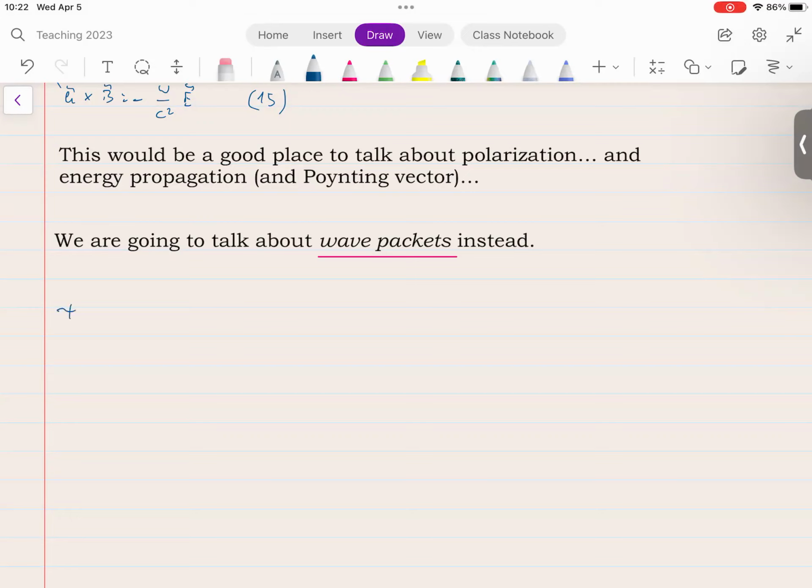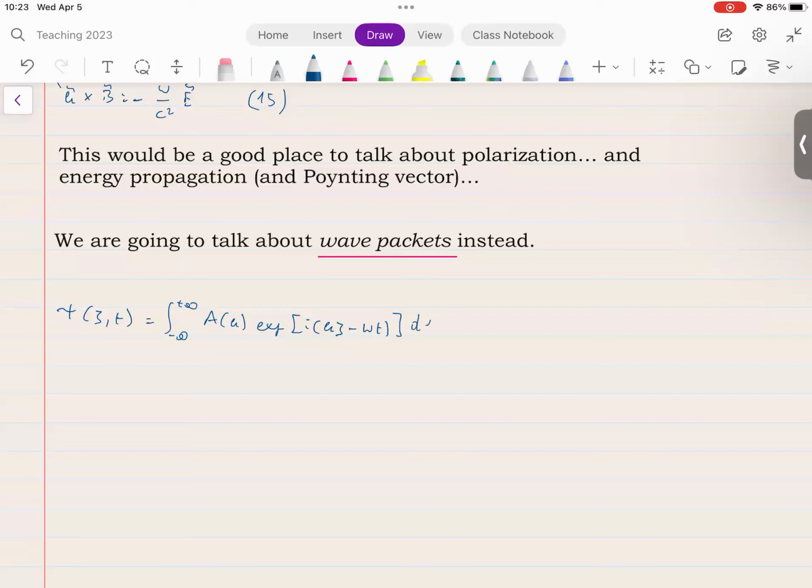In other words, in symbols, my wave psi of zeta and t is going to be equal to the integral over all values of some amplitude, which is a function of the wave number, times the harmonic wave with that wave number, so e to the i(k zeta minus omega t).